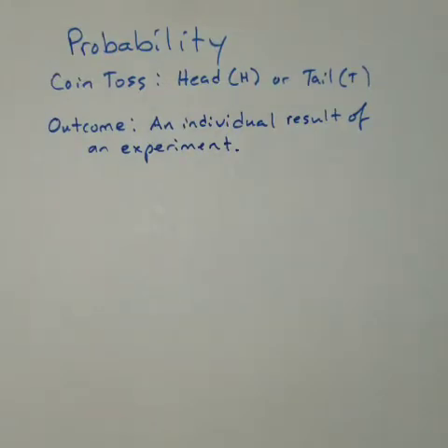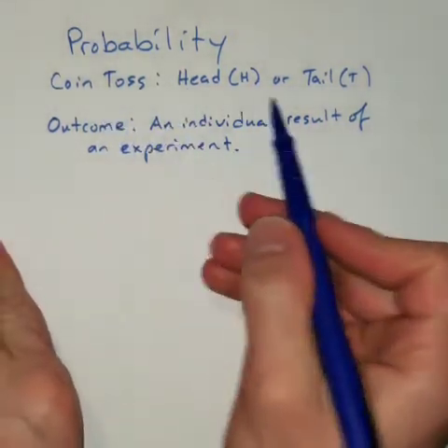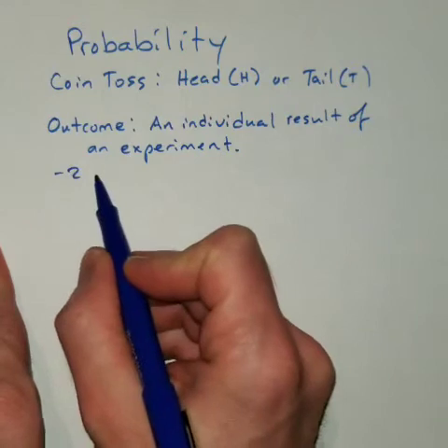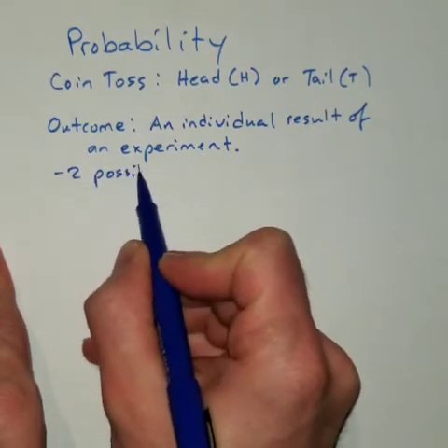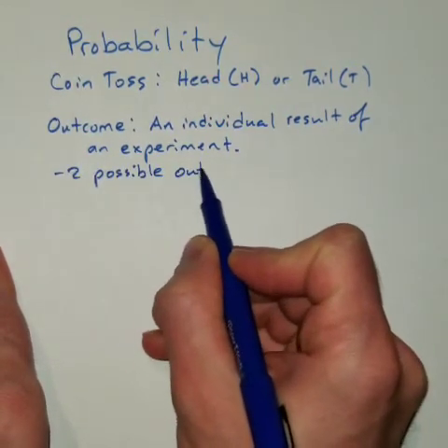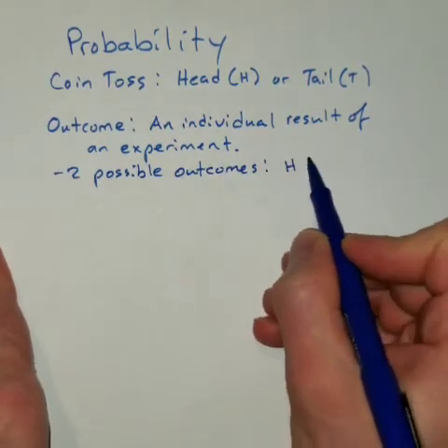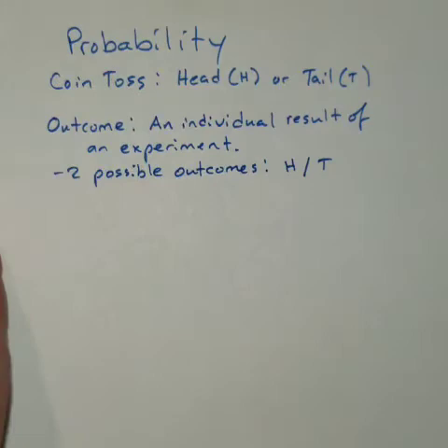Okay, so there are two possible outcomes for a coin toss. In our case, two possible outcomes, H and T.